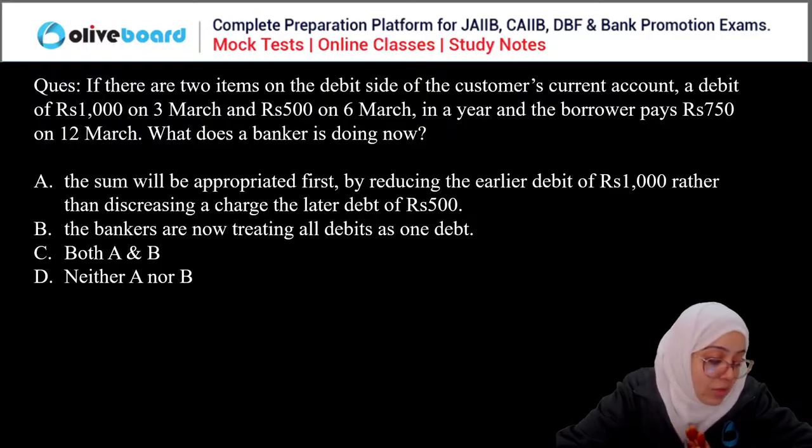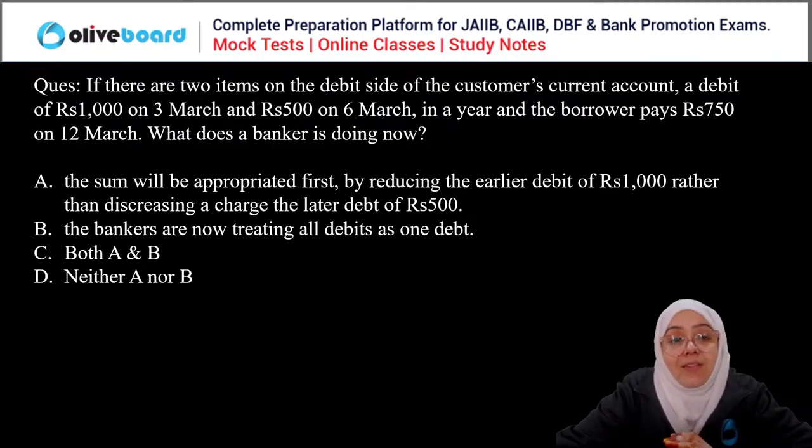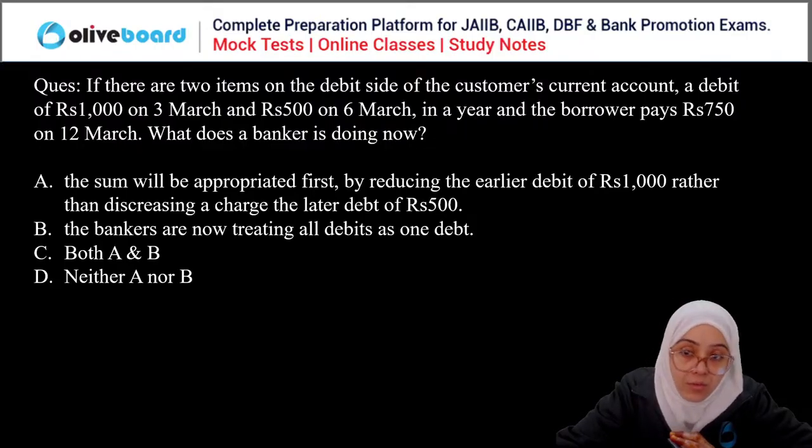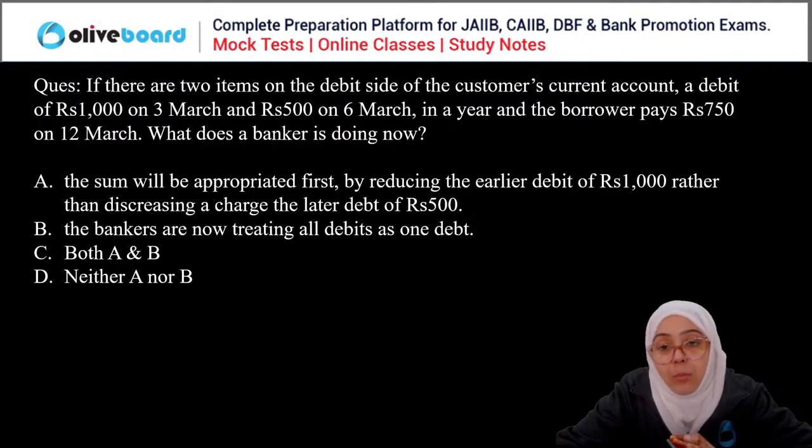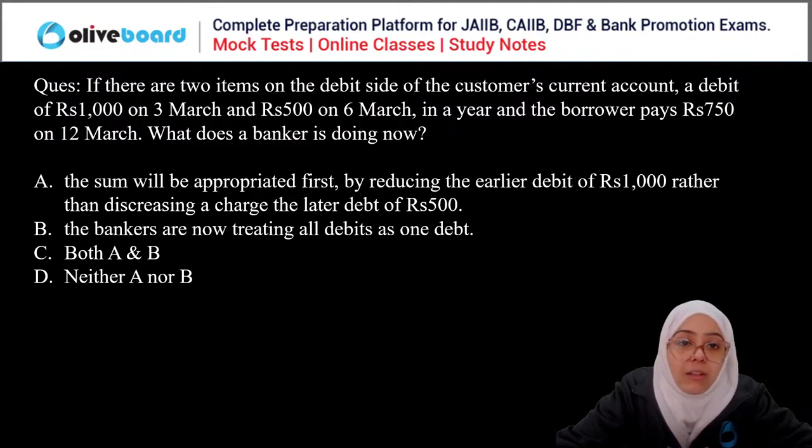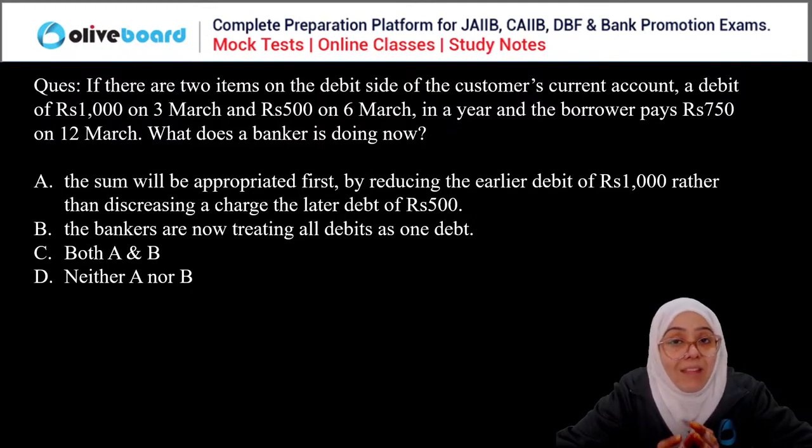So again, read out the question and please answer this question. A very good question for all of you. So there are two debits. One made on 3rd March of 1000, the second made on 6th March of 500, right? And lastly, a borrower paid 750 on 12th March. So how will this 750 be adjusted toward 1500? What can be the scenario?